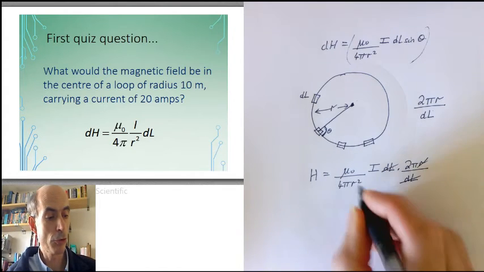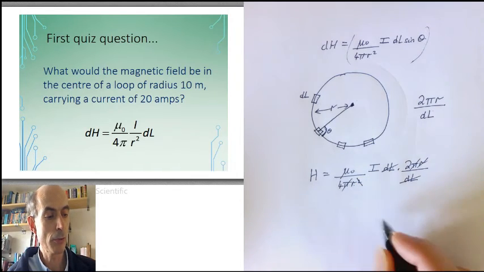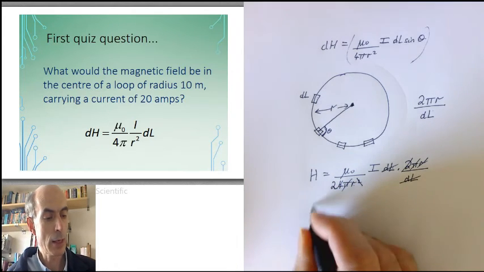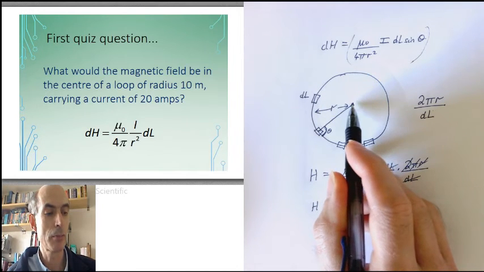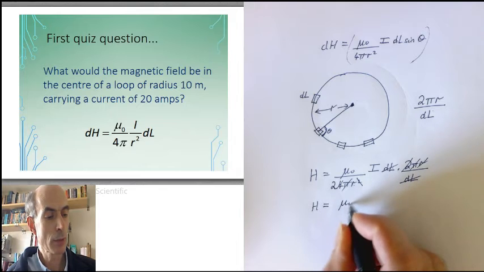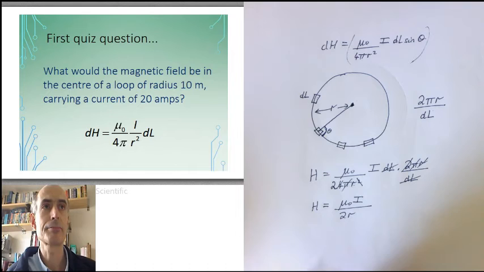That r cancels with one of the r terms down there. The pi's cancel. The 2 and the 4 would just leave you a 2 down at the bottom. And we'd have a formula that the total H field, the magnetic field in the middle of the circle, would be mu naught times I over 2r.